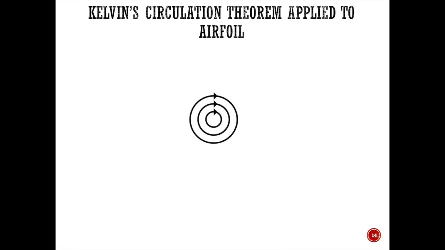As we talked about in class, the easiest way to relate this concept of bound vortex to the airfoil is by considering just a point vortex, as shown in this figure. Let's consider a vortex, and let's say that at some point the velocity at a certain radius is v, and then at the same radius on the other side it is negative v because it's spinning in the opposite direction.